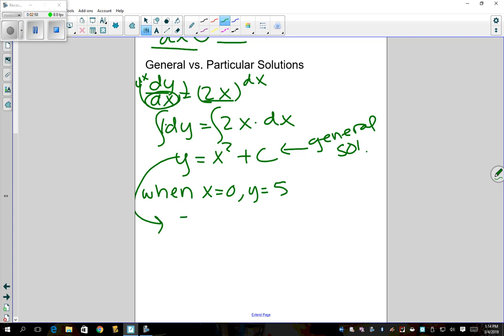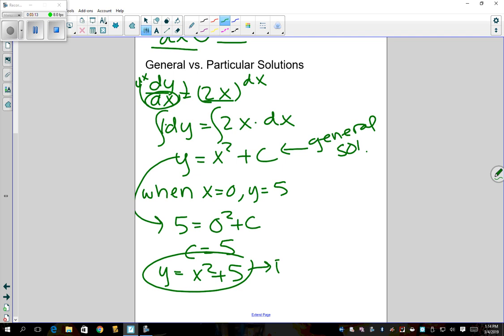So 5 equals 0 squared plus c, and so I end up getting c equals 5. So my particular solution for this bit of information would be y equals x squared plus 5. Again, this is my particular solution. It gives me a little bit more information about the graph.